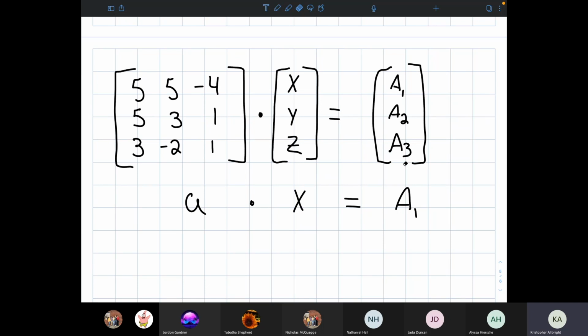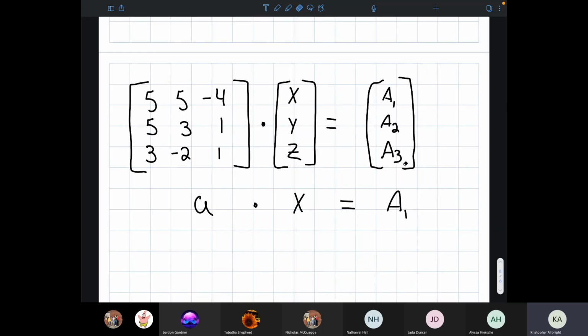Same answer, same process, just multiplication instead of division. So here what we have to do is multiply by the inverse of a, usually written like this. And if we do it to one side, we have to do it to the other side. And what that's going to do is cancel this out, and we're going to get x equals our answer.